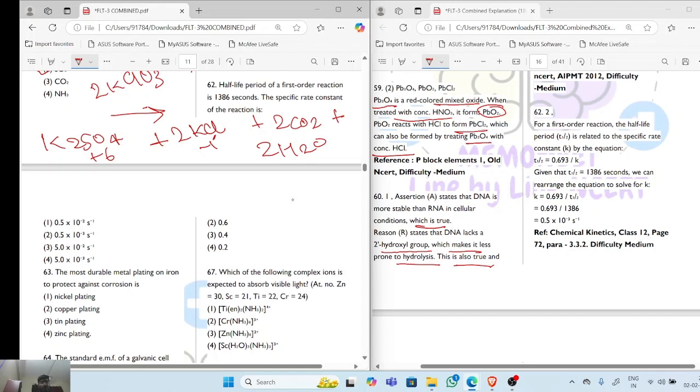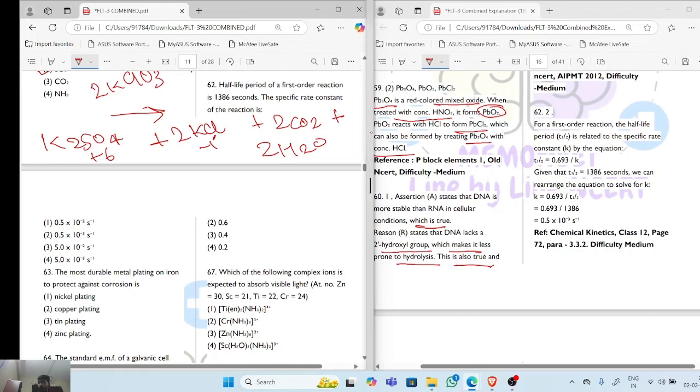Now comes question number 62. The half-life period of a first order reaction is 1386 seconds. We have to find the specific rate constant of the reaction.